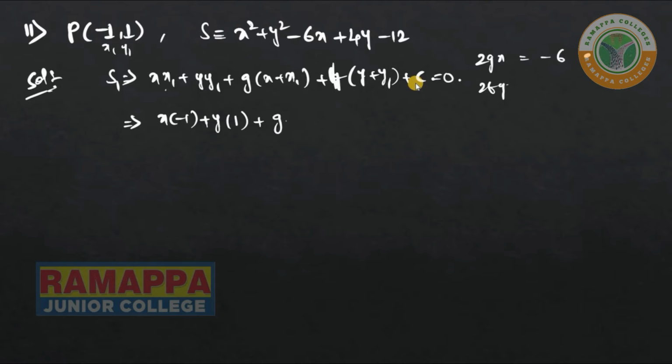Minus 6 means g is minus 3, and f is 2, as in the given question.